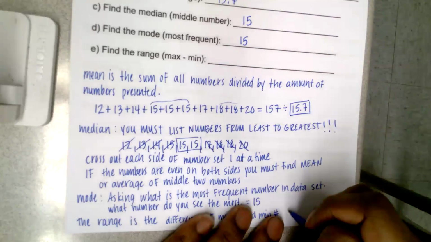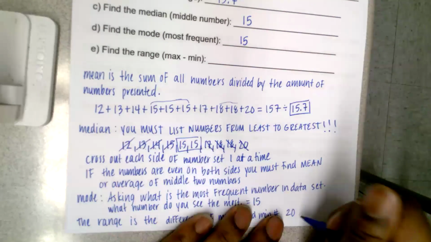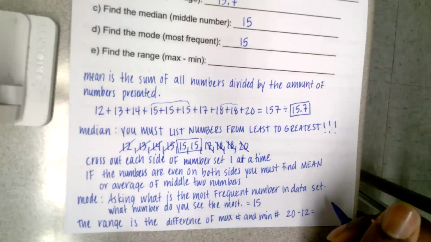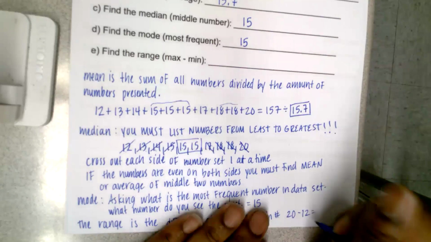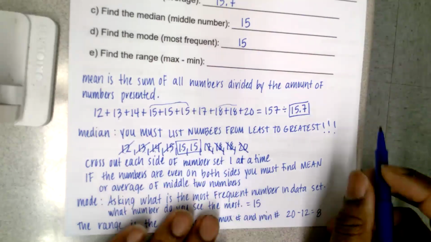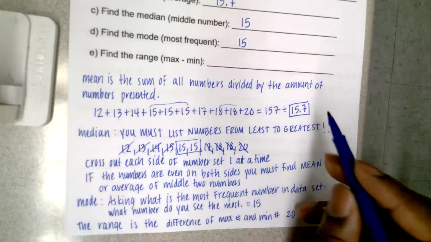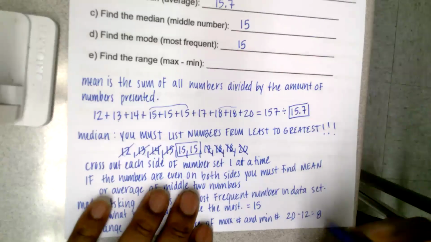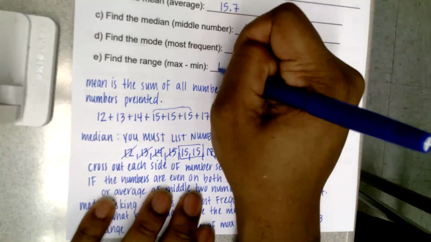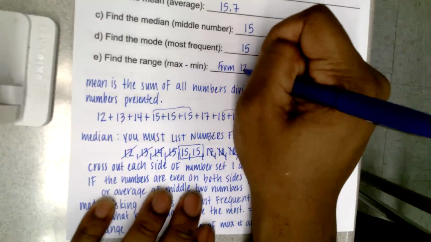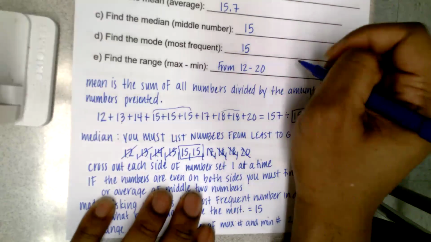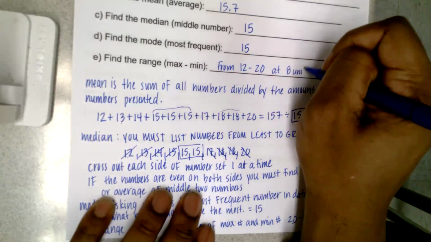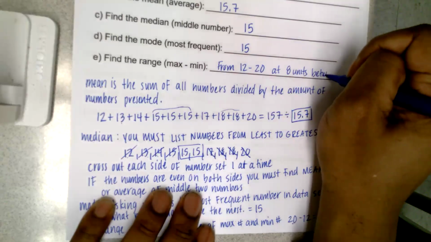So the maximum number is 20 and the minimum number is 12, and 20 minus 12 is 8. So the range is 8. The range is from 12 to 20 at 8 units between.